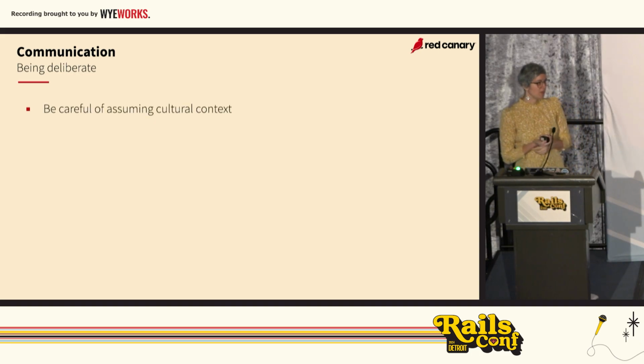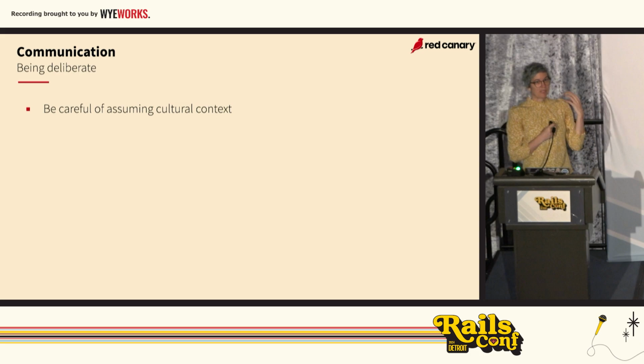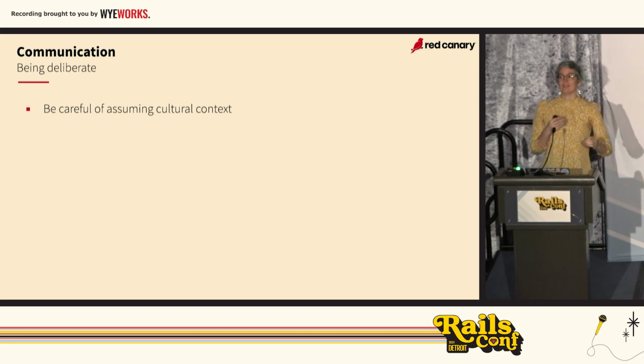So being careful of assuming cultural context. Not everyone celebrates certain holidays. Not everyone grew up watching a certain TV show. And when people talk about something in a way that they expect you to know what they're saying and you don't, that can just feel alienating or confusing.